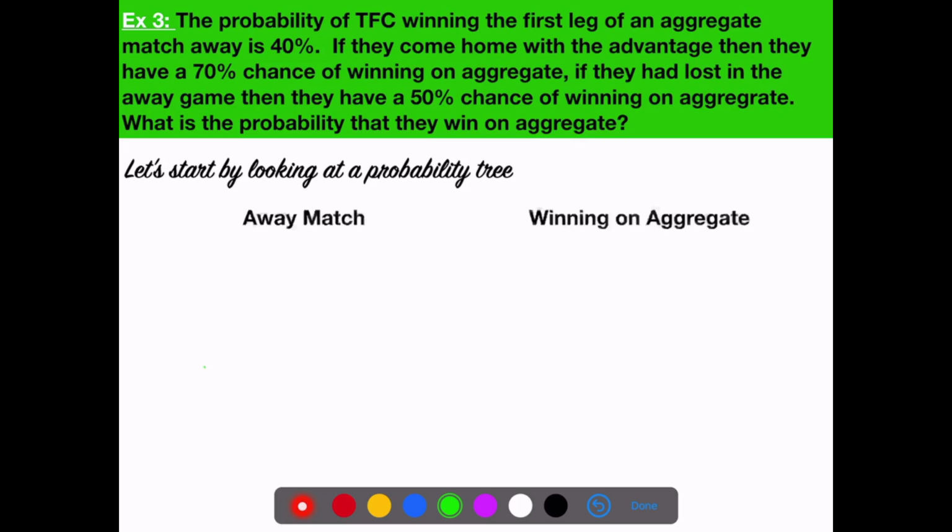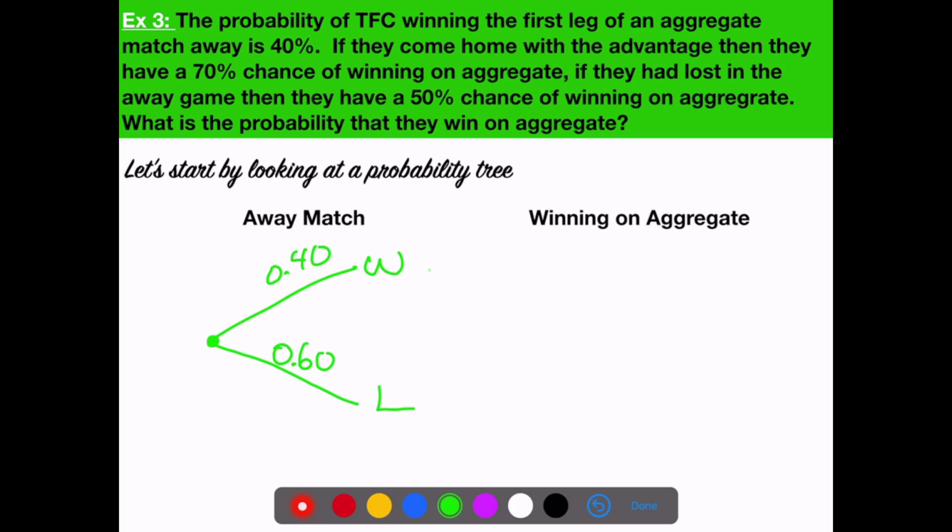Okay, so the away match, they can win or they can lose. The probability of winning that game is 40%. If they have a 40% chance of winning, they have to have a 60% chance of losing. That totals to 100%. Any set of branches that go to a node are for one particular occurrence, and so the total events need to total 100%.